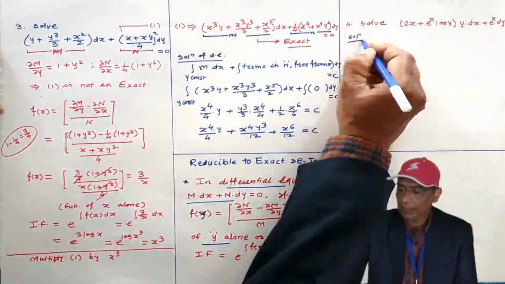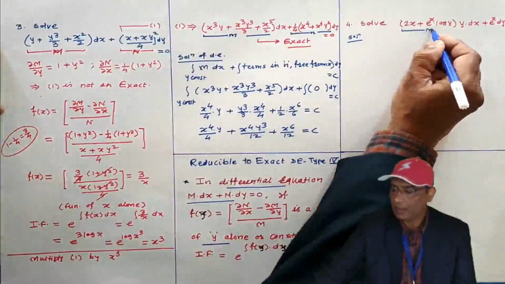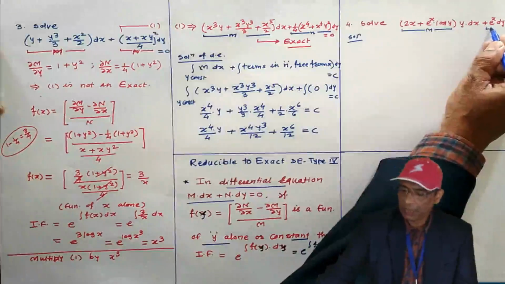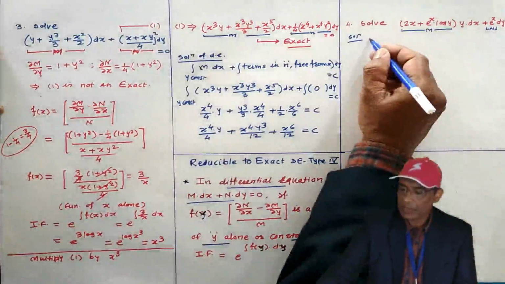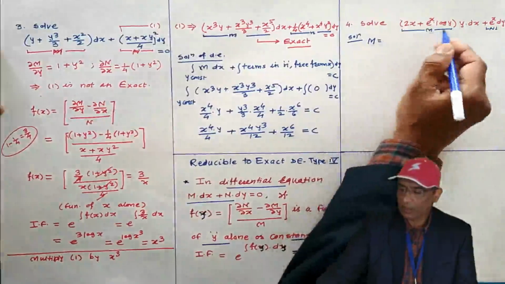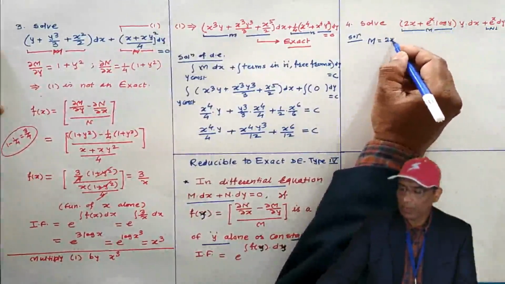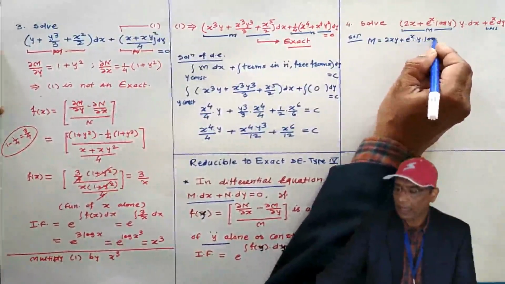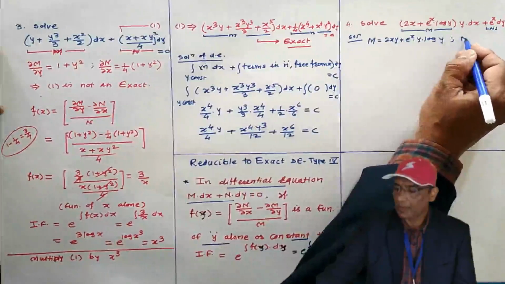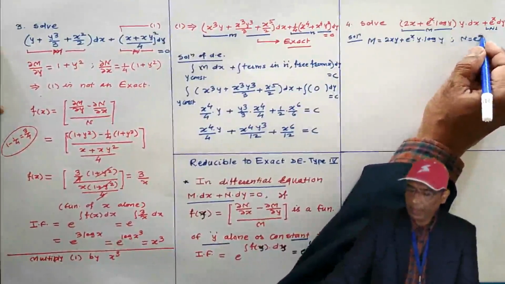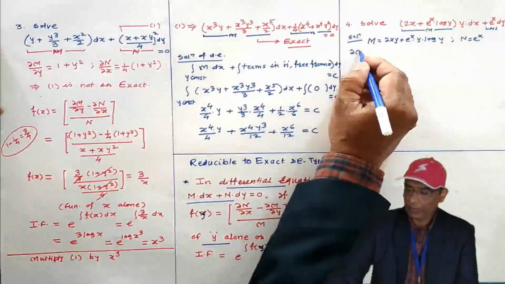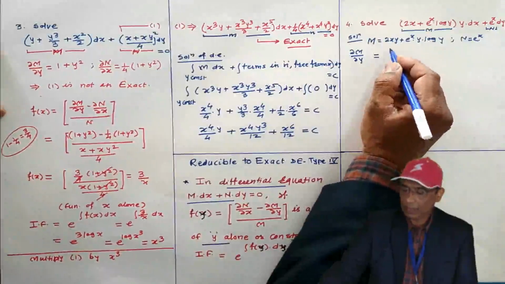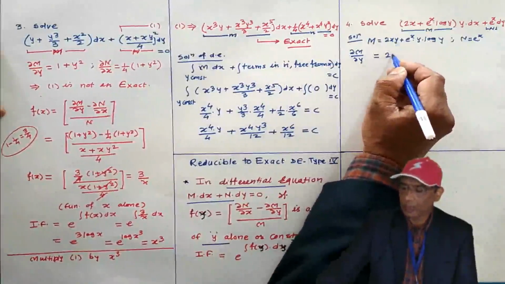See, this is our m, this is n. I am writing separately here. M is 2xy e power x into y log y, and n is e power x. Del m by del y equals the derivative with respect to y of 2x.